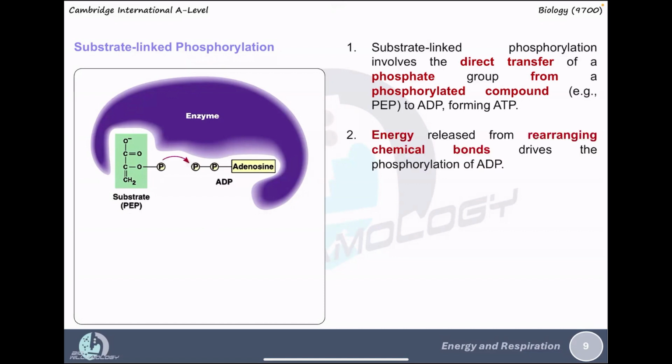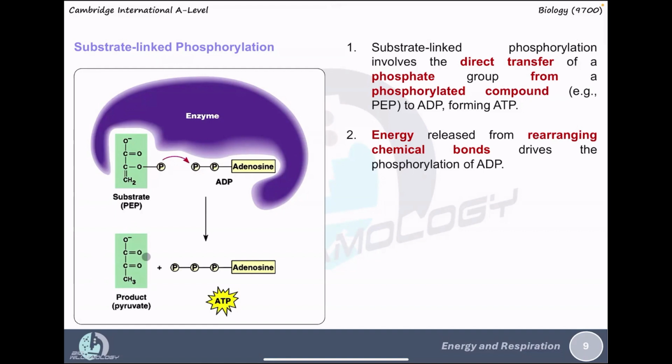During the process of transferring this phosphate group, reorganization of the chemical bond releases energy. This energy will be captured by ADP to form ATP. Look at this diagram: you can see that the reorganization of the chemical bond releases energy.